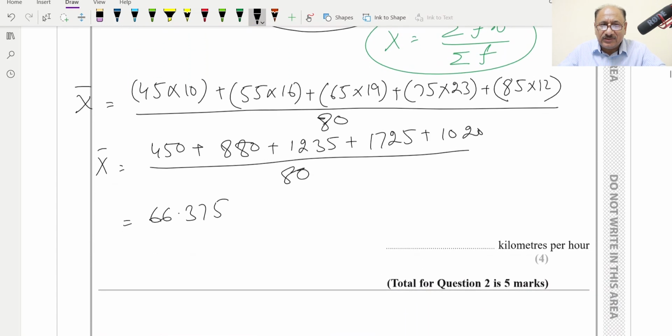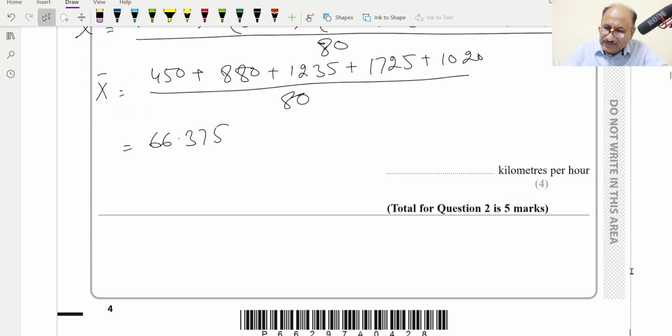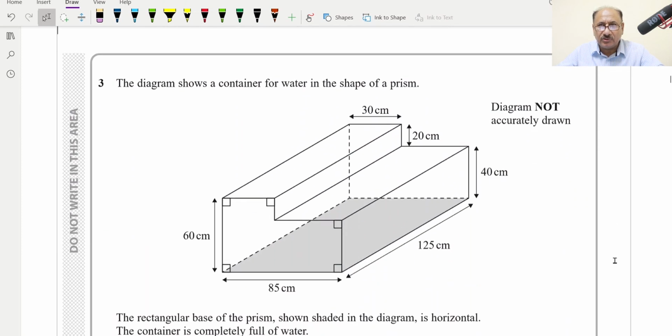So three significant figures will be 66.4. This will be our answer, kilometers per hour. Hopefully you understood this. Now let us move to question number 3.